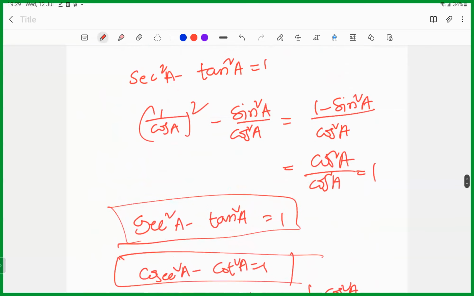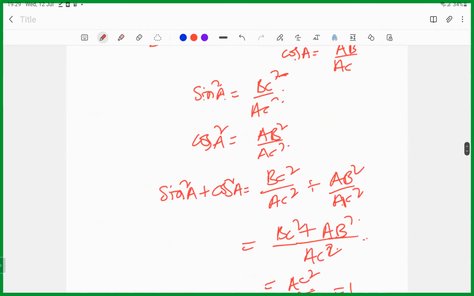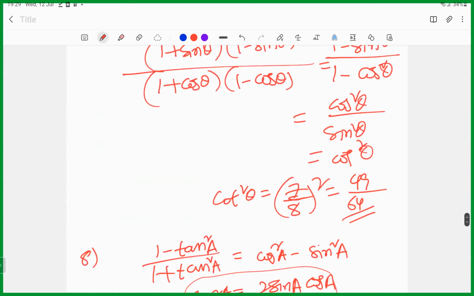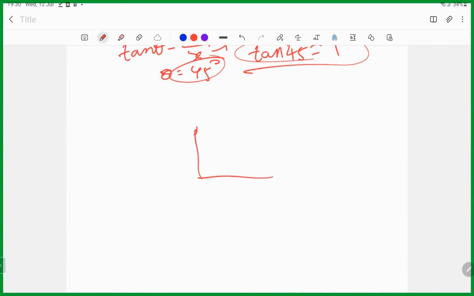So if tan theta equals 1, then what is the theta value? 45. If the sides are equal, then the hypotenuse will be, let's take this is 45, so the sides are equal.